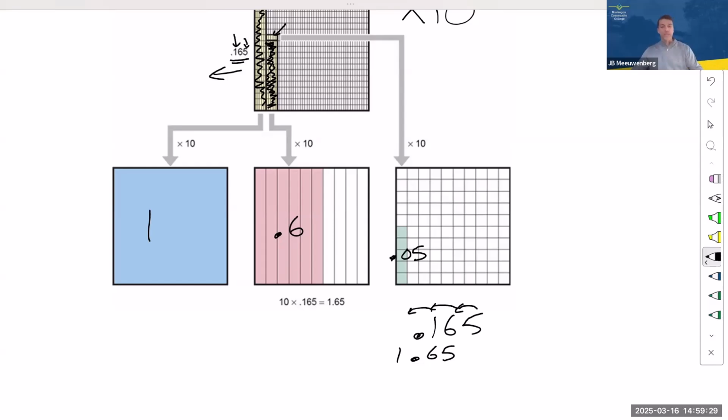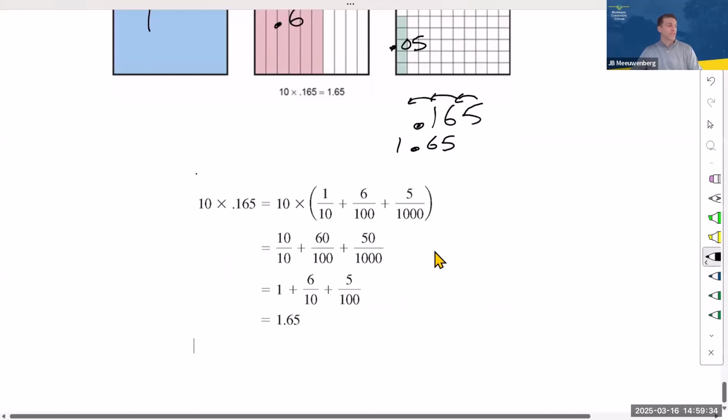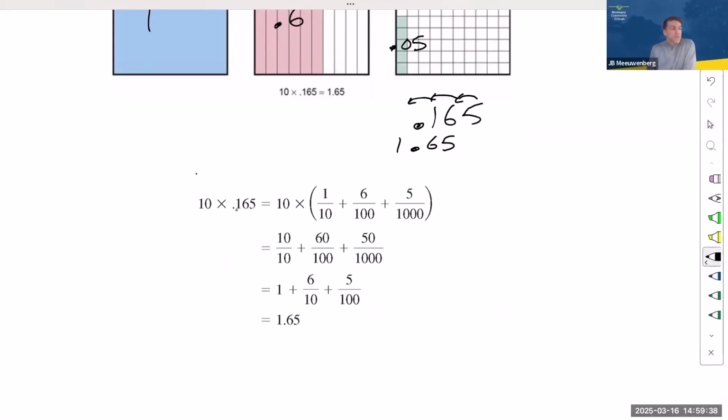Another way we can show it, as we've done before, is connecting it to the idea of fractions. And here's what that would look like. 10 times 0.165, if we separate each of those place values into their fractions, the 0.1 would be 1/10, the 6 would be 6/100ths, and the 5 would be 5 thousandths. When we multiply this by 10 and distribute that 10, instead of 1/10, we now have 10.